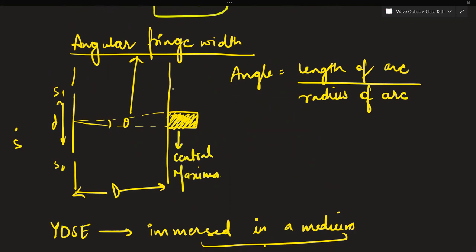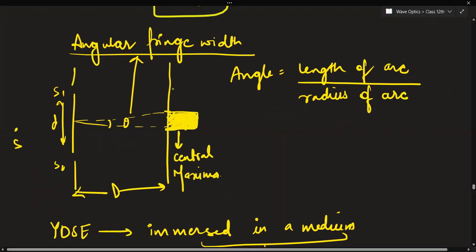So see, if this is the central maxima, from this end, it will be subtending an angle. From the other end also, it will be subtending an angle. So this angle that is subtended at the slit, this is known as the angular fringe width.